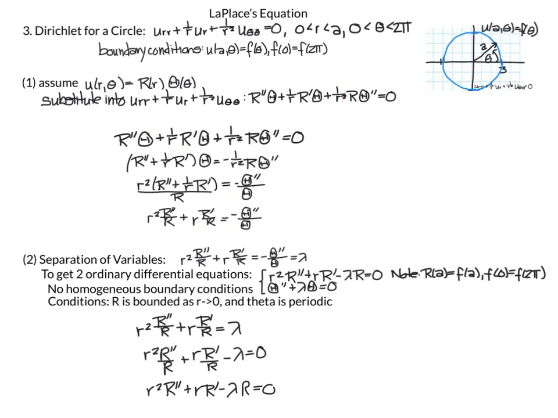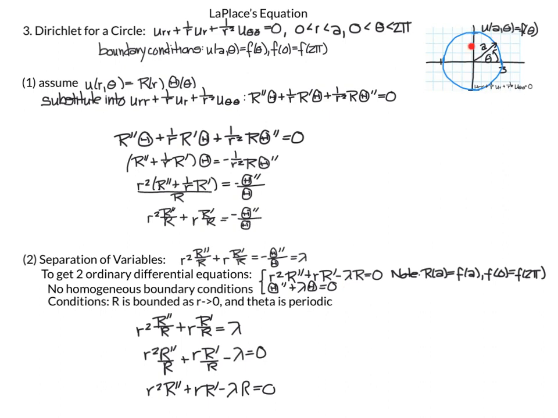The next step is separation of variables, which I actually did over here. I grouped all my r things over here and all my thetas over here on the right. So I get my two differential equations, r squared R double prime plus r R prime minus lambda R equals 0, and Theta double prime plus lambda Theta is equal to 0.